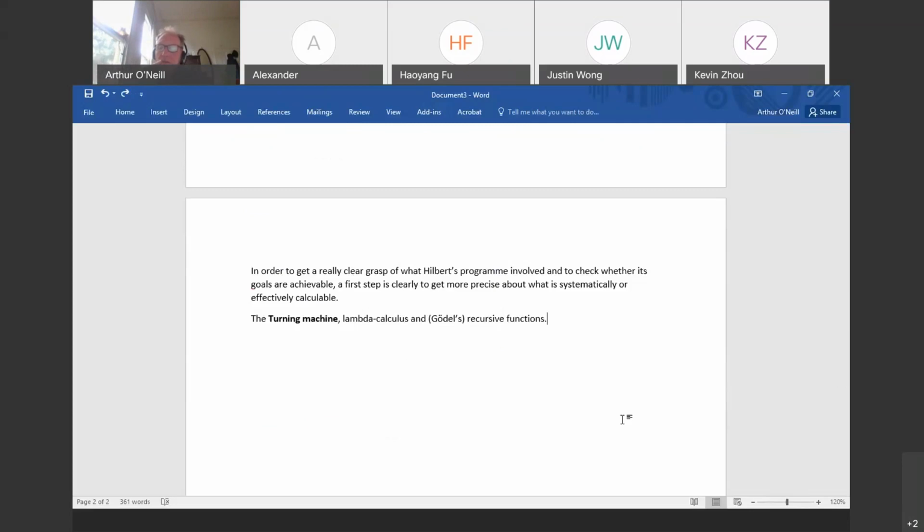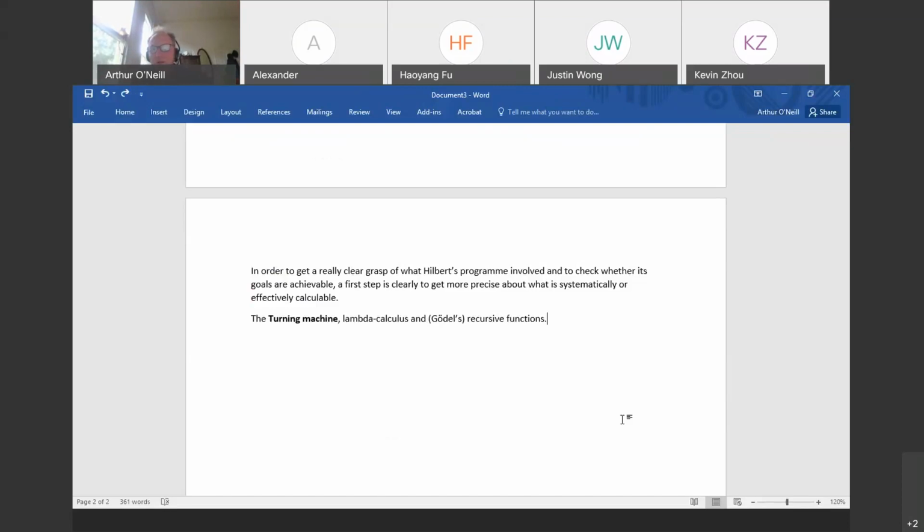Because at the moment it's just a vague idea that, if mathematicians sit there writing out proofs according to the rules of logic, starting with the axioms, the hope is that they'll come up with any particular proof eventually. But to check whether that's actually going to be the case, you need to get far more systematic about what exactly a mathematician can achieve just by following the rules of logic and using the axioms.